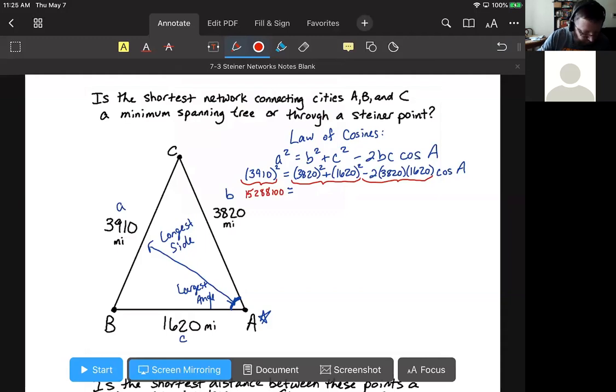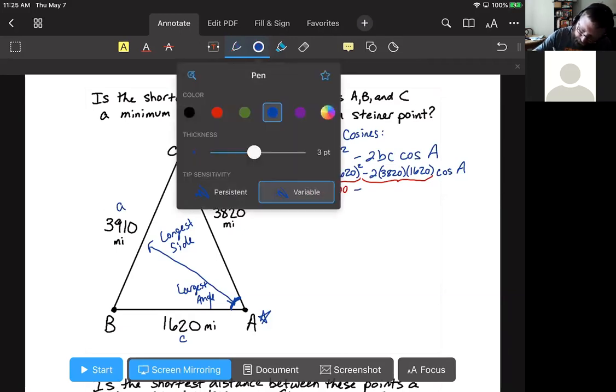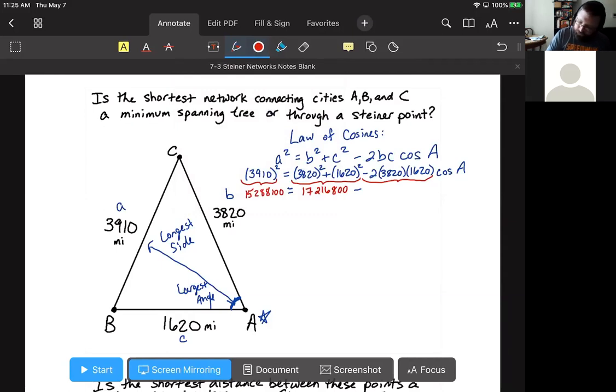And that is 17,216,800. And then we've got minus, and we're going to feed that next section, 2 times 3820 times 1620, to the calculator, which is 12,376,800 times the cosine of angle A.